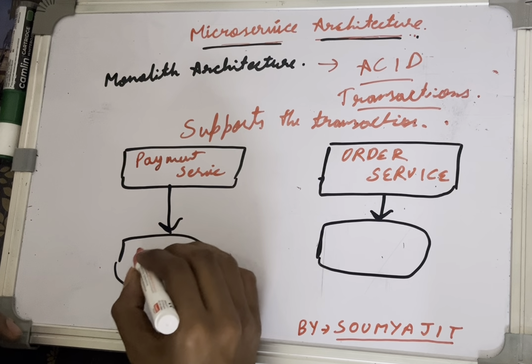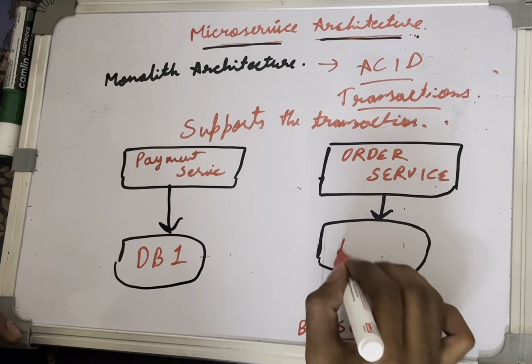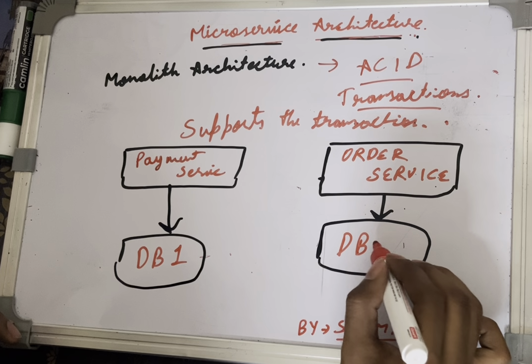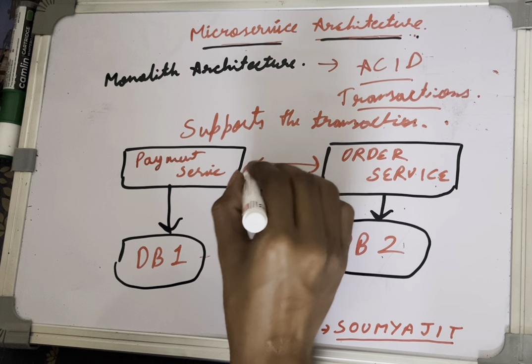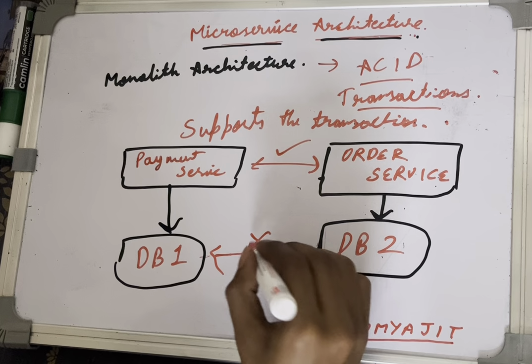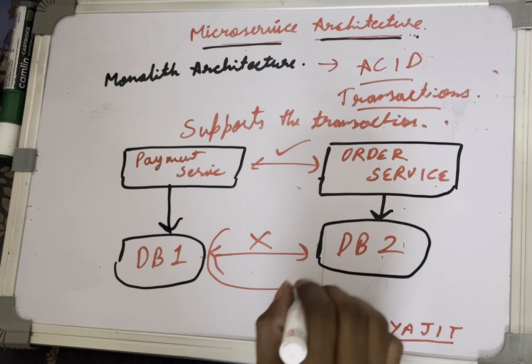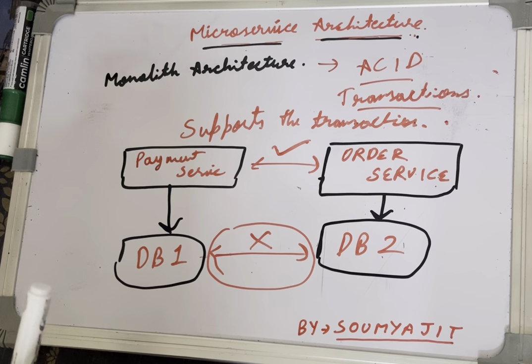So in this it is database 1, you can take it is database 2. Each service can have direct communication with its own database, and this is right and this is wrong, right? It cannot have direct communication with the other database, but it can have communication with payment service and order services, right?